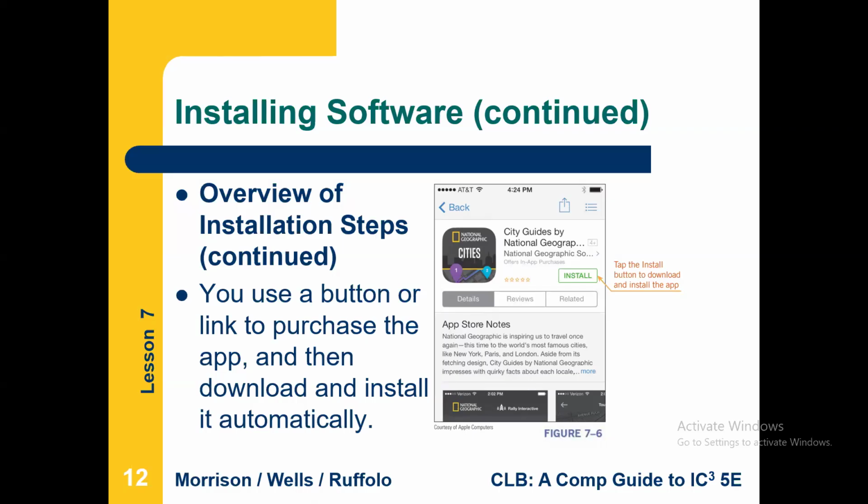Once you click on that link, it will redirect you to a page where they'll ask you to enter your credit card details or how you want to pay, either through Momo, Google Pay, or a credit card. Once you have made the payment, the app will be made available for you to install.